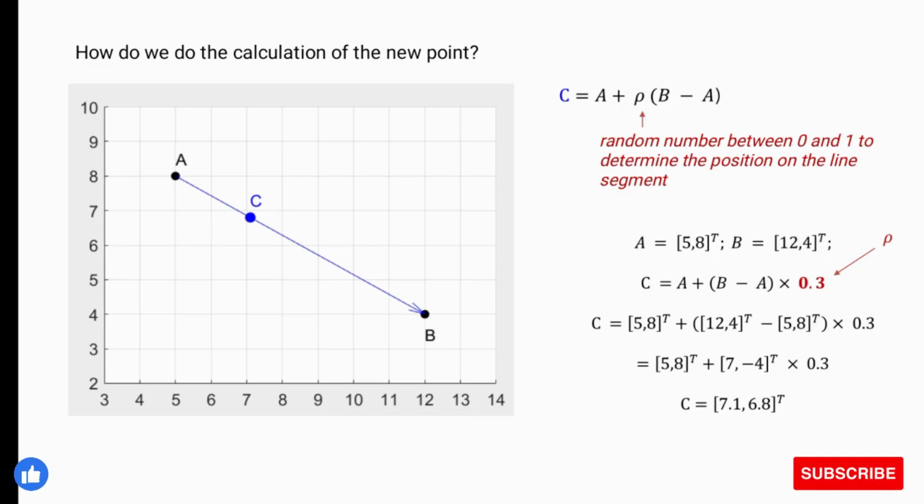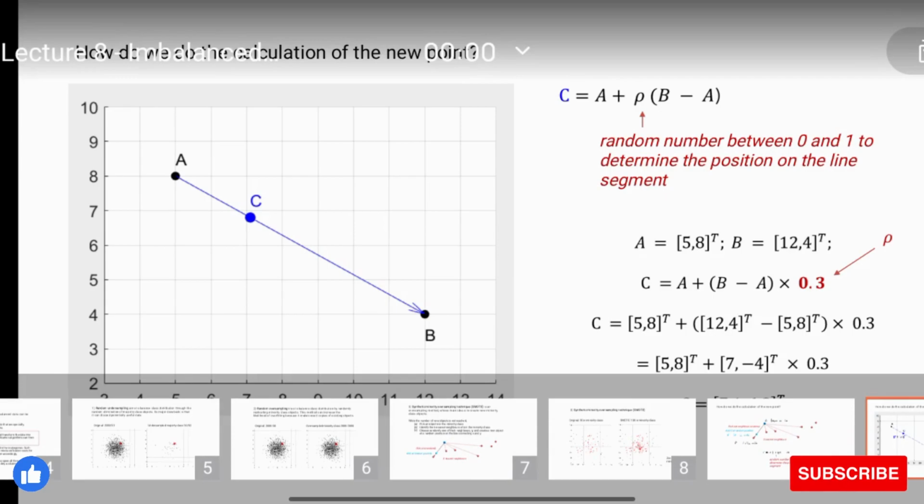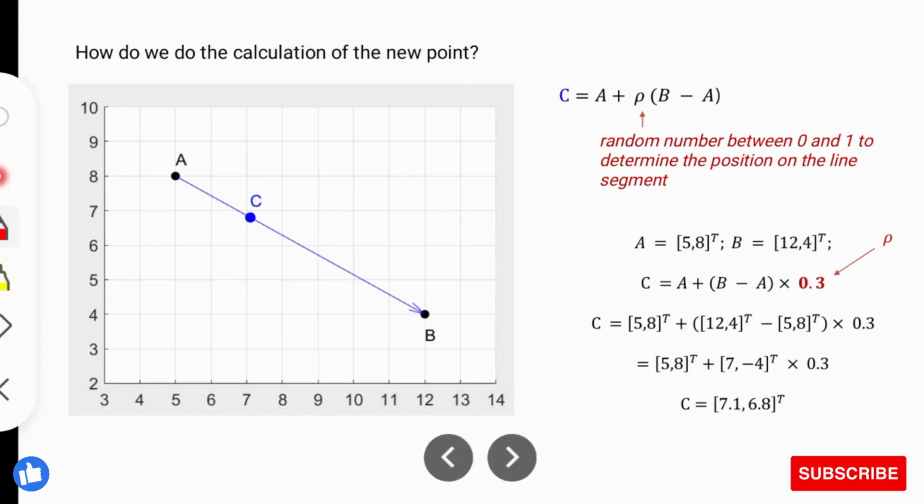So this becomes 5, 8, my original A, plus the difference between B and A. That's basically taking away corresponding elements, times by 0.3. So 12 minus 5 is 7, and 4 minus 8 is minus 4.